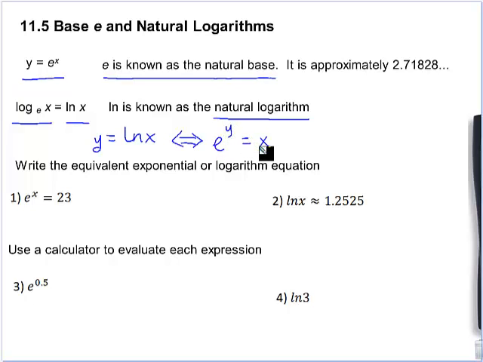Notice that this is the same way we went back and forth between regular exponentials and logarithms, where the base number on your log should be the base number with your exponent. The base number on the natural log is e, so e is the base number on your exponent. So for starters, we are going to write the equivalent exponential or logarithm equation.